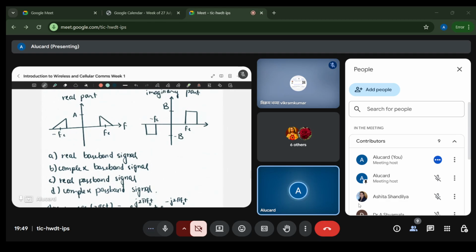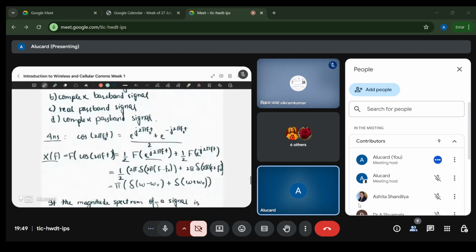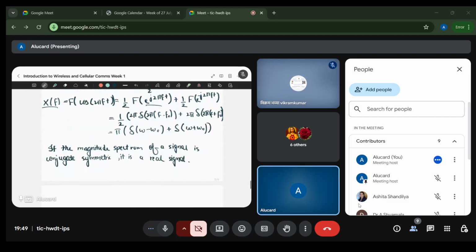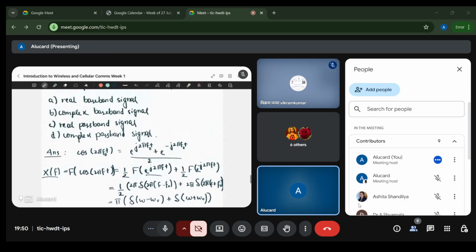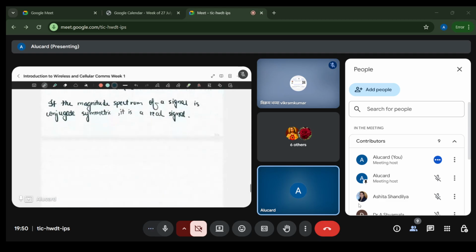So this is the magnitude response of a real passband signal, which is option C. I'll just tick it. Okay.